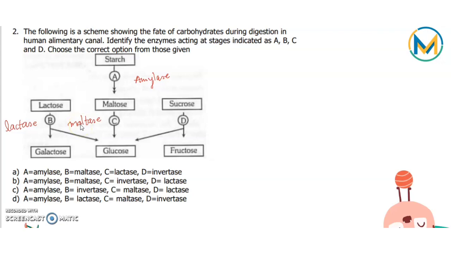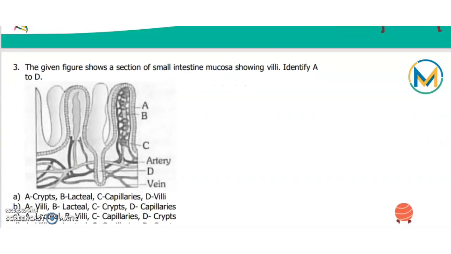Next is sucrose, which converts into glucose and fructose, and the enzyme required for this is invertase. So A is amylase, B is lactase, C is maltase and D is invertase. So among the option, the correct one is option D, amylase, A, B is lactase, C maltase and D invertase. Moving towards the next question.